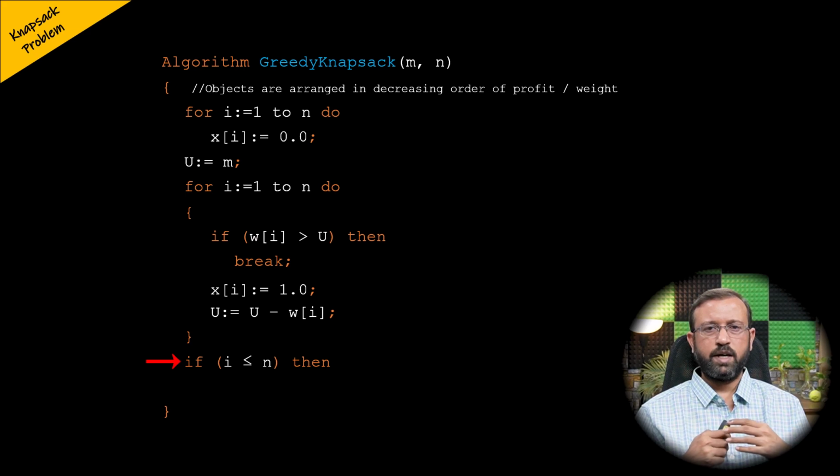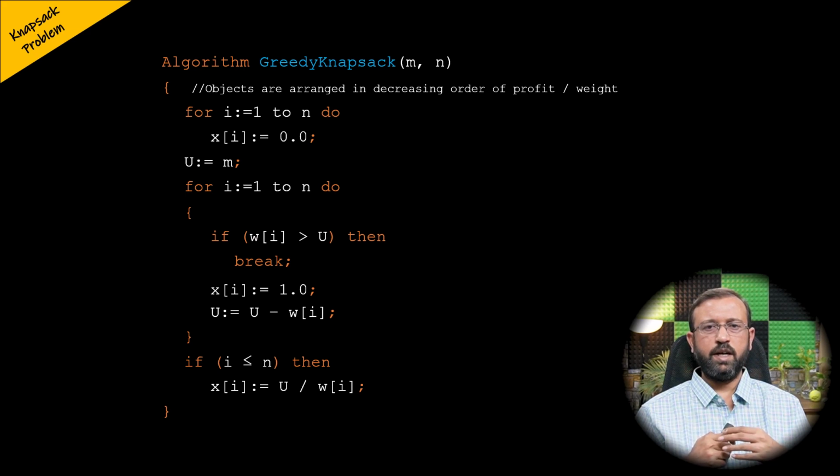If this is true, that means there are some more objects left that can be placed in the knapsack. So, within this if statement, we will assign the fractional weight of the object, since the whole object cannot be placed in the knapsack, using the statement x of I assigned u, that is, the remaining capacity divided by the weight of the object w of I.